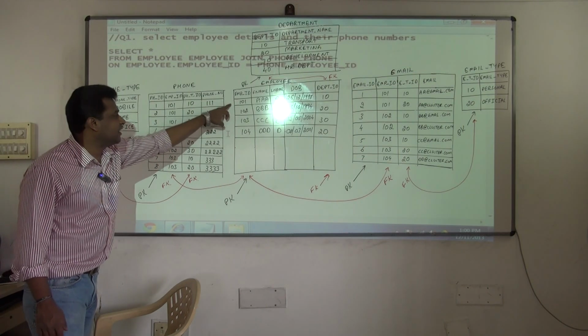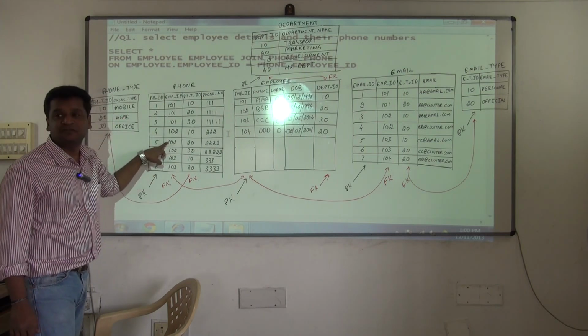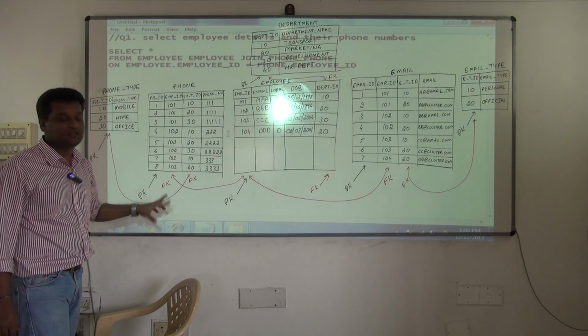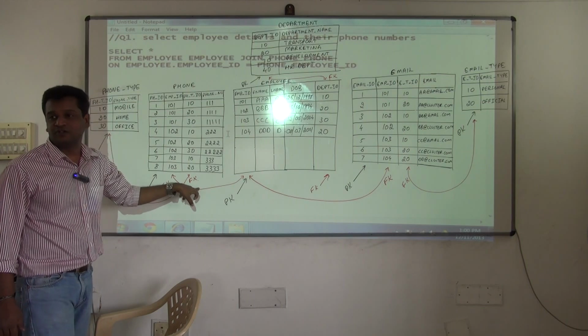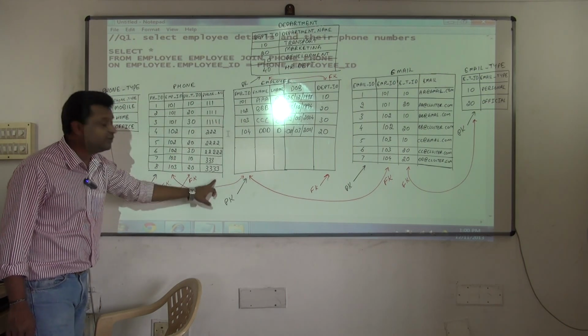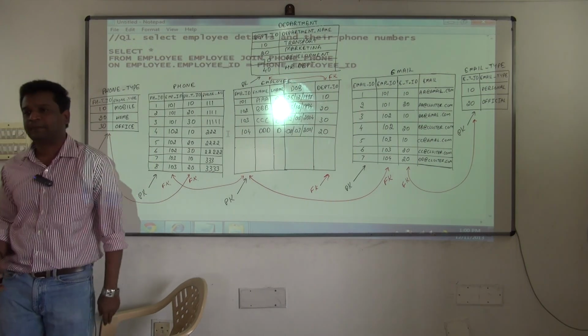Yes, it will join. But again it continues. 101 matches with this? No, it will not join. It will check for everything. Understood? Next, 102 will be taken and checked with all the records. Wherever a match is found, it will be joined. Next, 103 will be taken and checked with all the records, and wherever matching records are found, it will be joined.